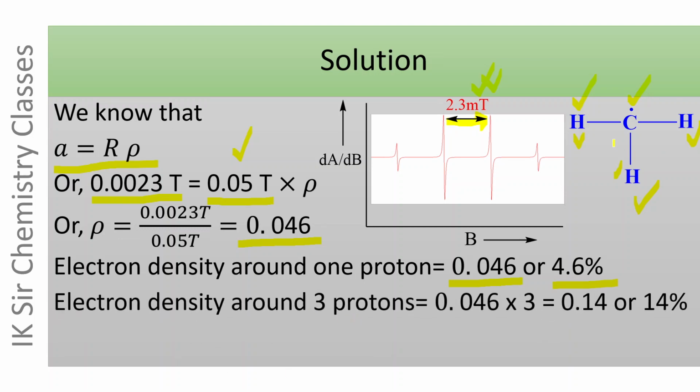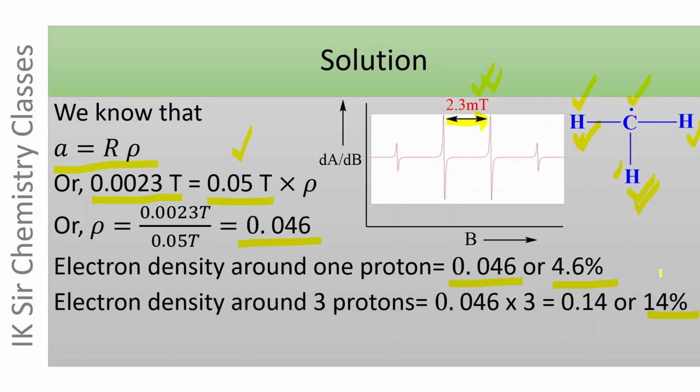The electron density around all these three protons will be equal to 0.046 into 3, which is equal to 0.14, that is 14%.